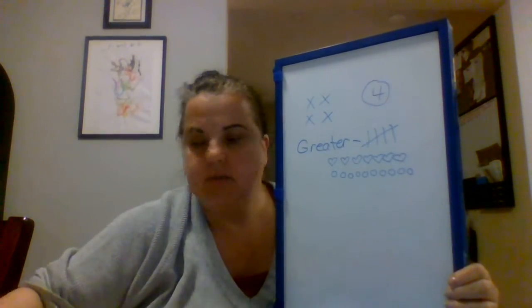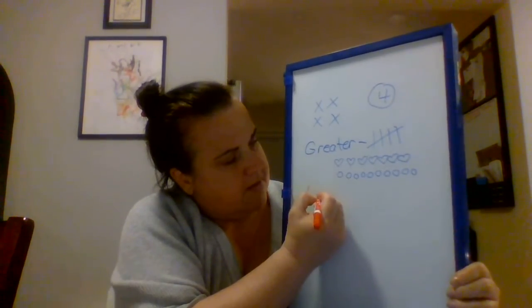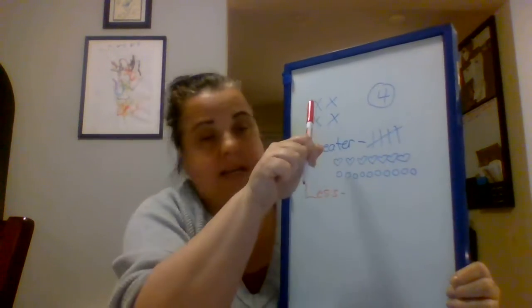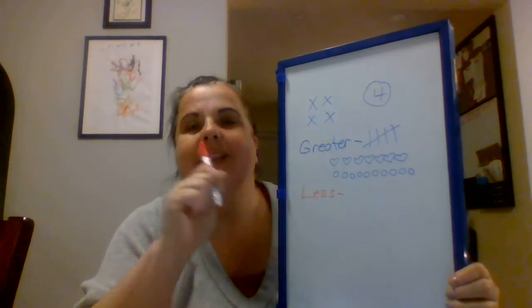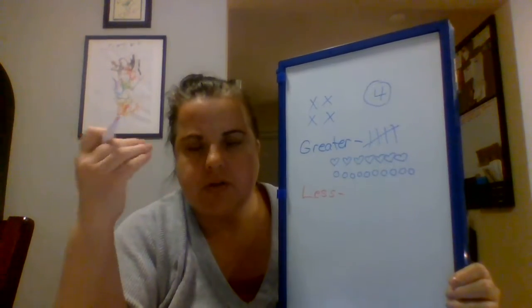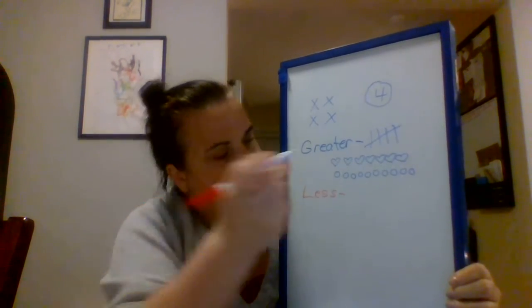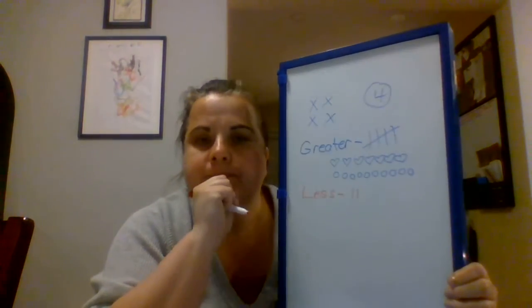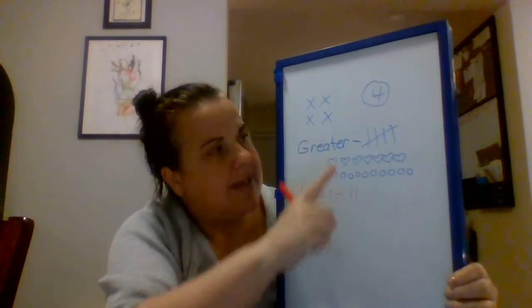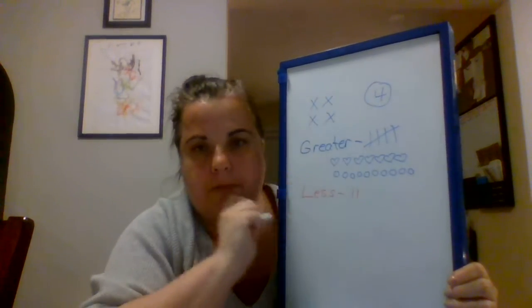Now let's do less. Take the same group that I gave you, and draw me a group that is less than that. Show me you understand what less means. So I could draw 2. 2 is less than 4.